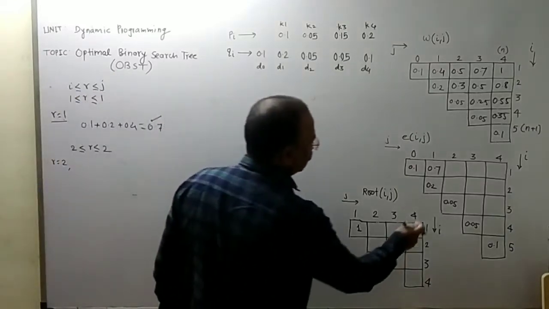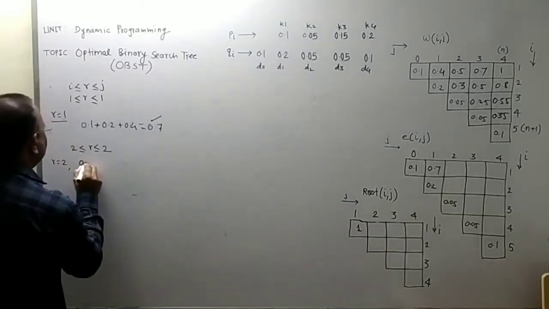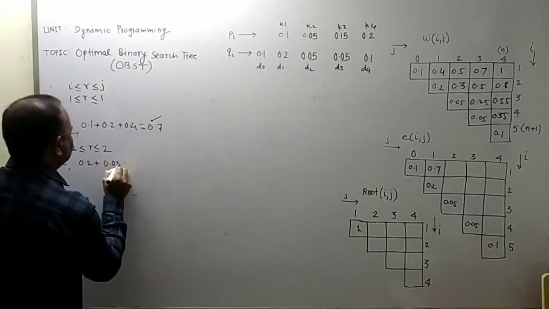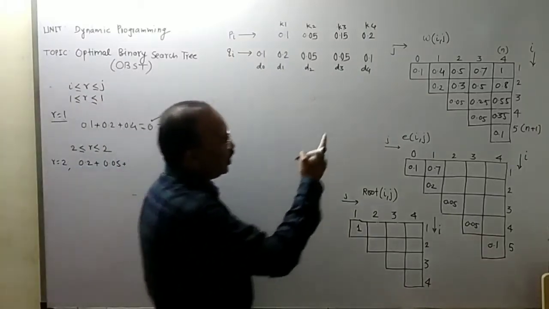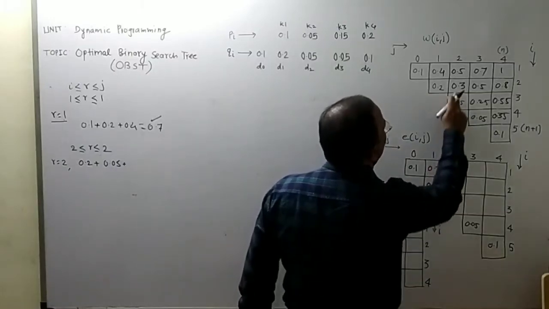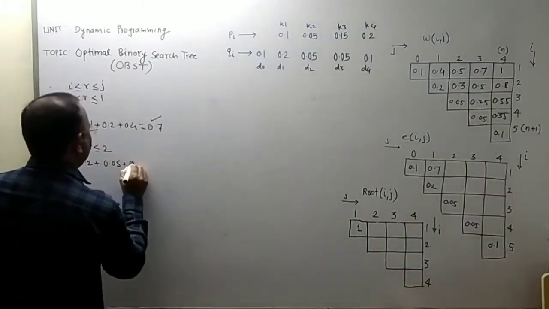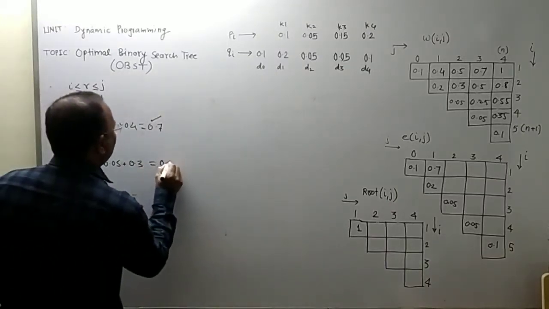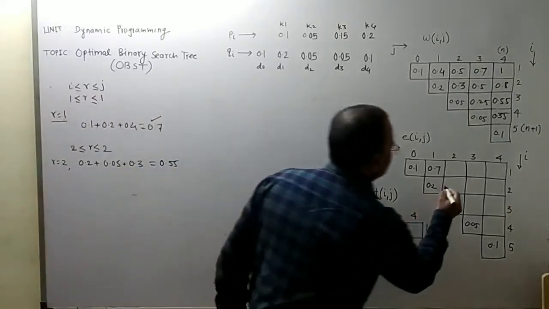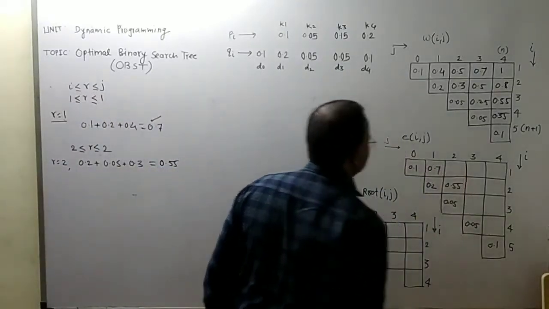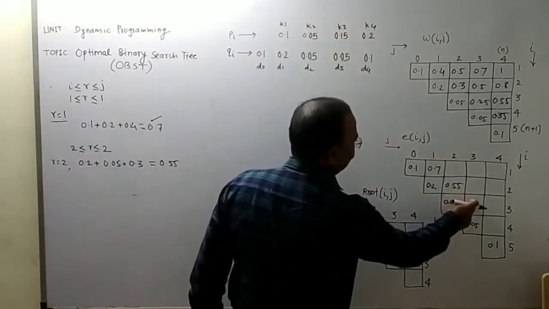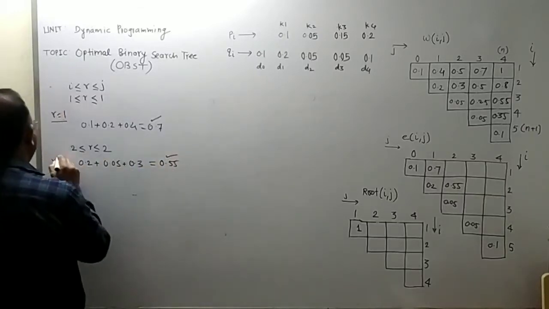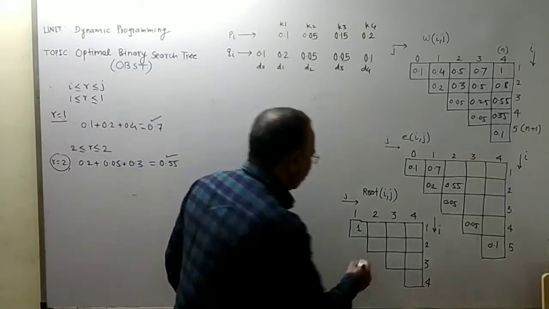The previous value is 0.2 plus the down value 0.05 plus the value in the W table at this cell, that is 0.3. It comes to 0.55. We have got 0.55 for R equal to 2. So put 2 here.